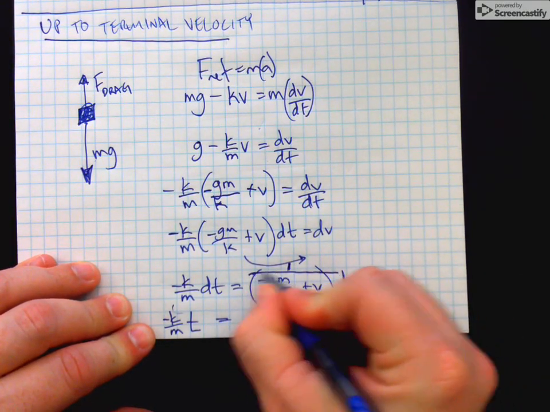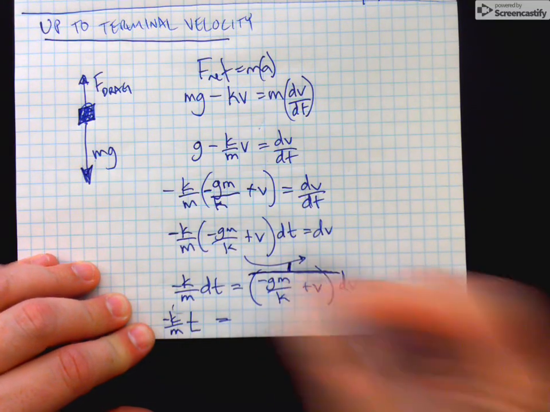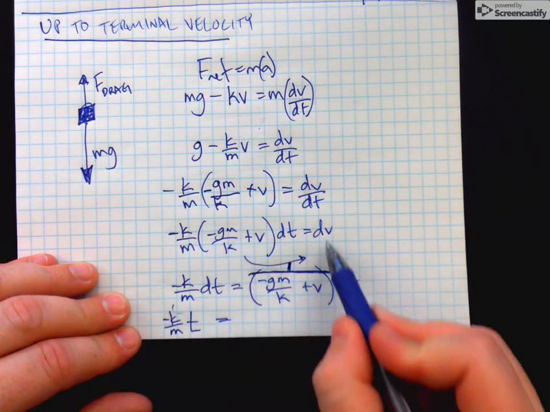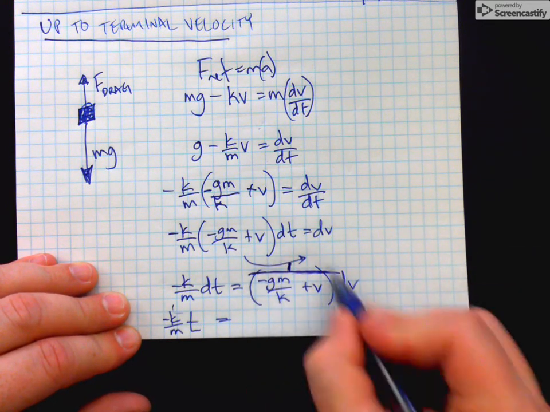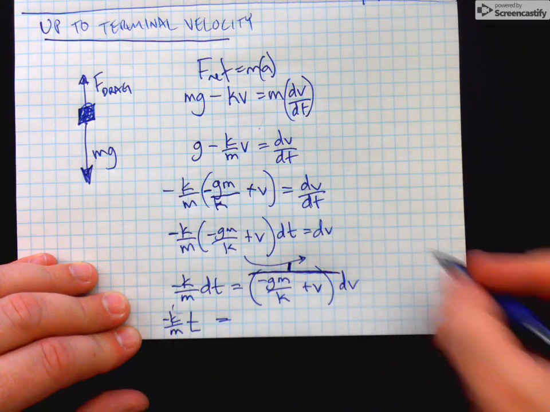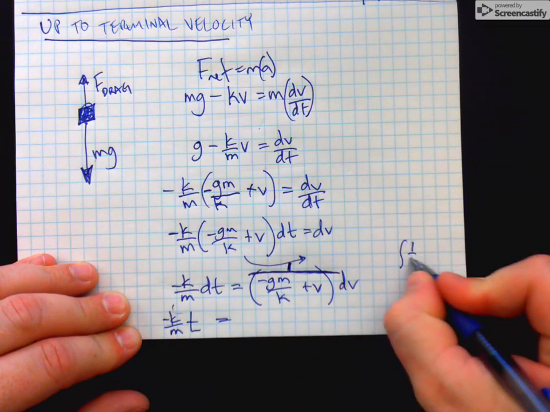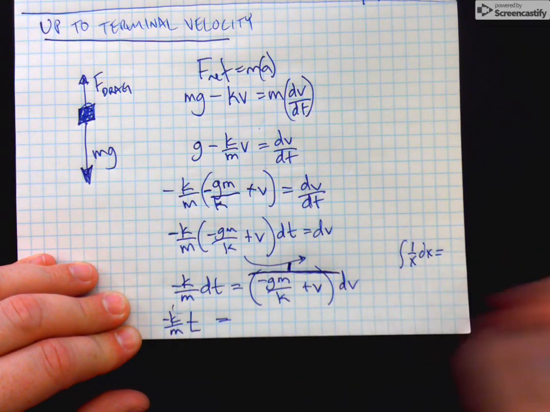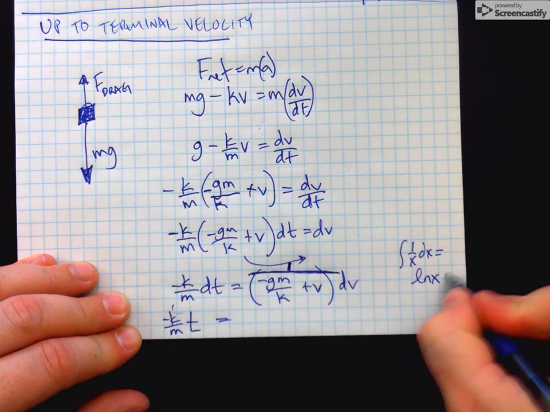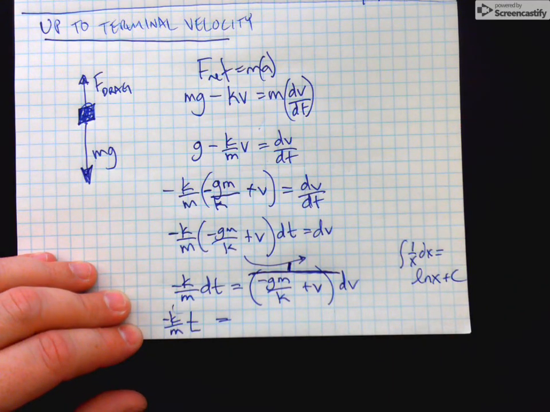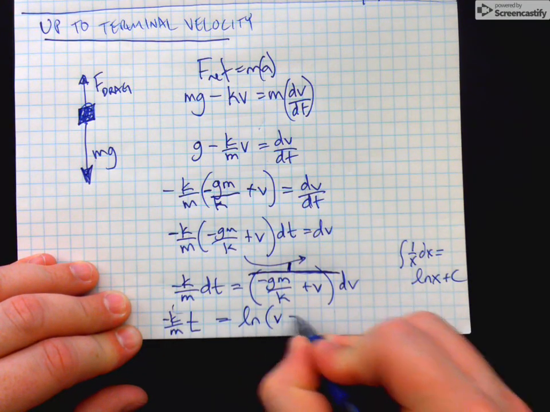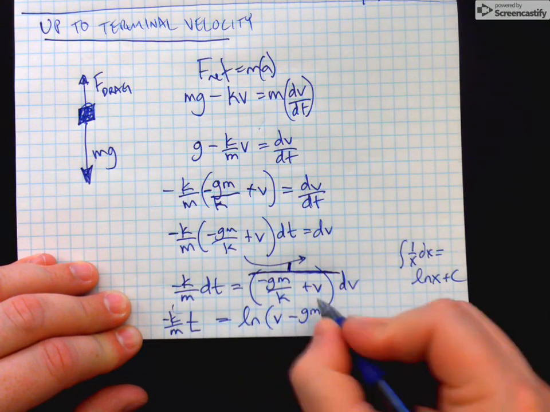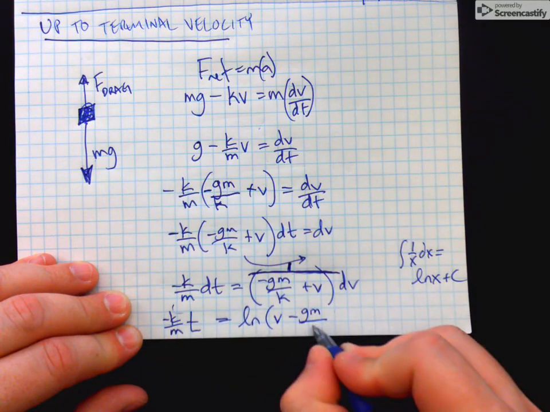Thank you, it was one of you yelling at me for not doing that right. Sorry, guys. So when I divide that over, it's 1 divided by all that. And when I take the antiderivative of that, since the antiderivative of 1 over x dx is natural log of x plus a constant, here it's going to be natural log of what's in the bottom.